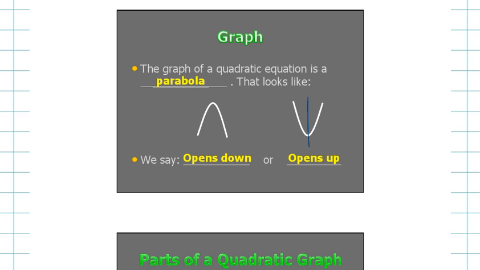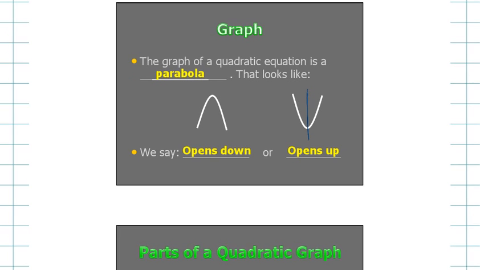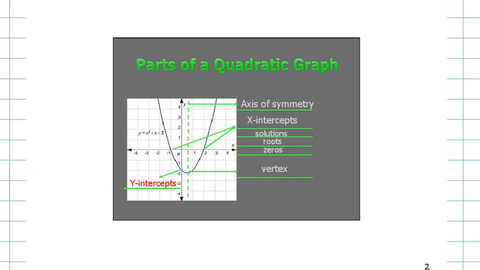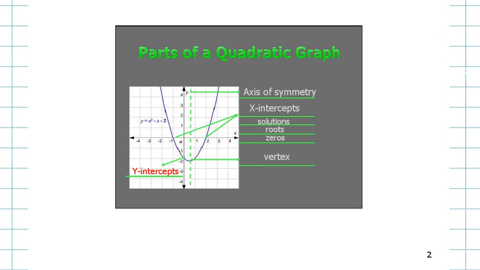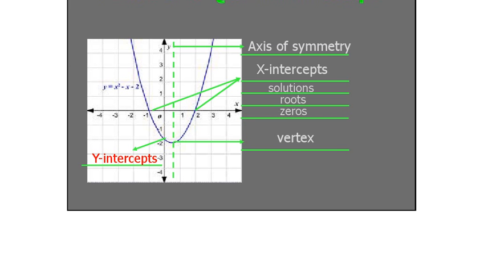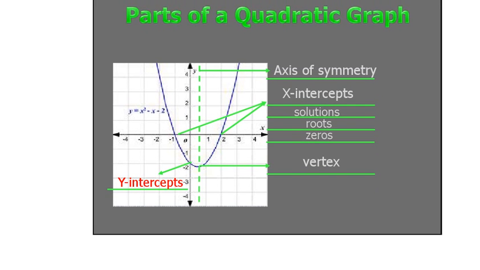We have many features of a parabola. We're going to be talking about them as we go. Actually, here they are. I'm going to make this a little bit bigger so you can see. So, I'm going to start with the y-intercept.